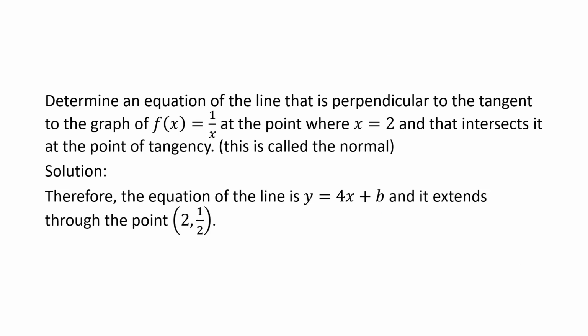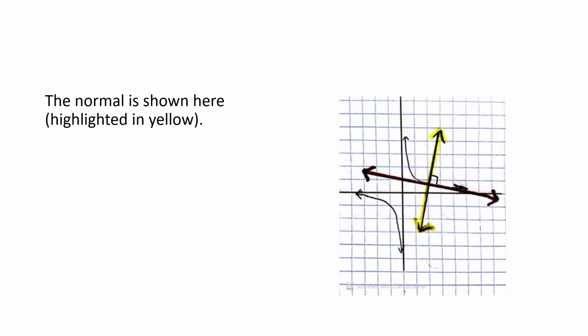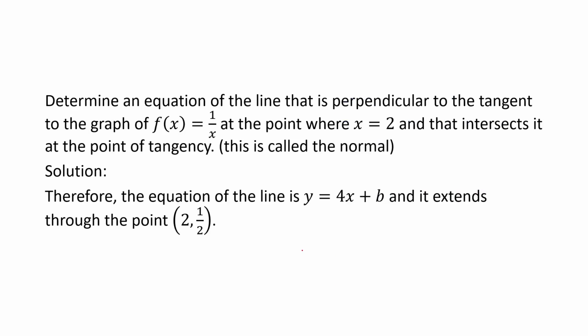So therefore, I'm looking for a line with an equation of y equals 4x plus b that extends through the point 2 comma 1/2. In reality, what I'm looking for is the equation of that yellow line right there, the highlighted one. So it's pretty easy to find that out. We've done all the hard work. The slope is 4.